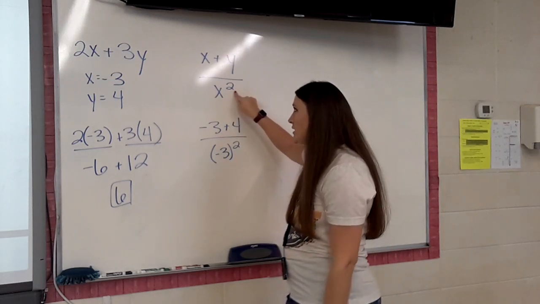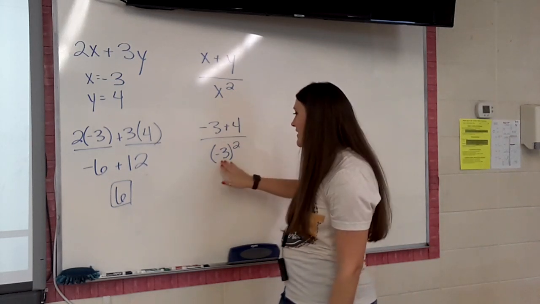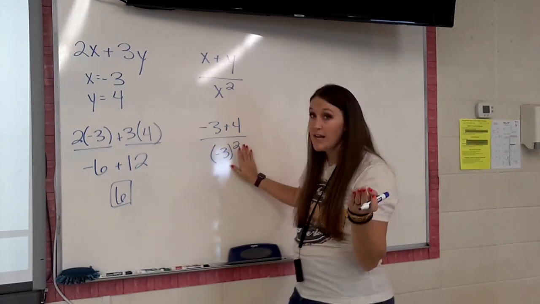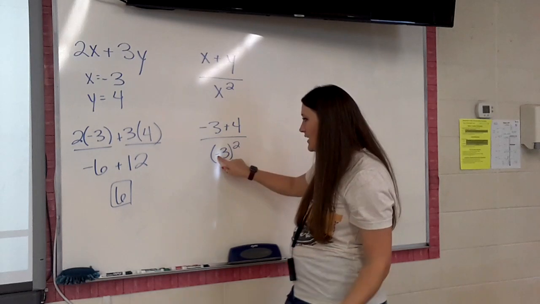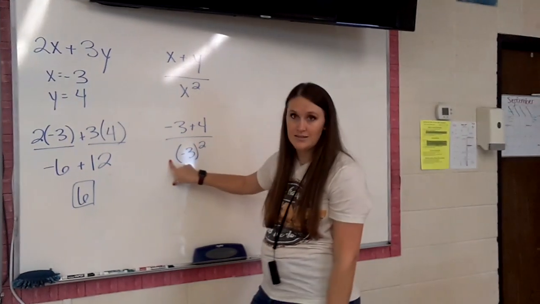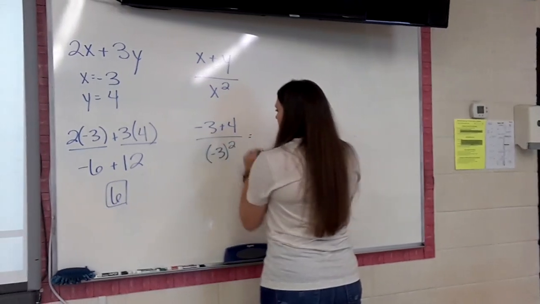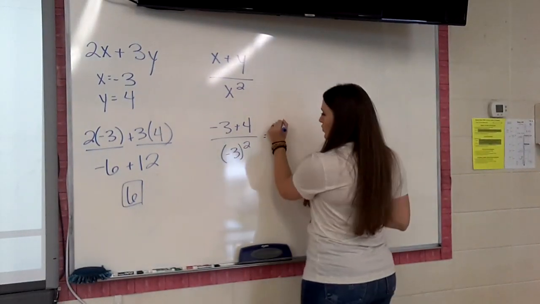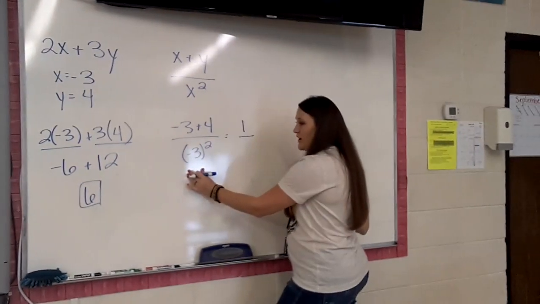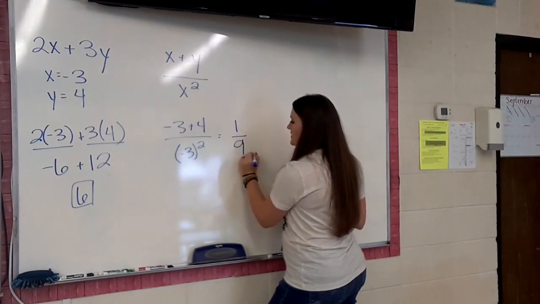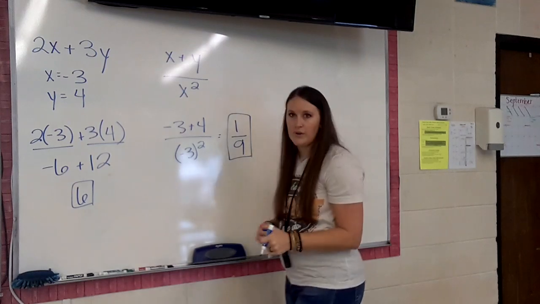This square up here is going to the x, so we have a negative 3 times itself. A negative times a negative we know is positive. If this negative had been outside the parentheses, that is different. Since it's in here, let's go ahead and solve this. Negative 3 plus 4 is 1. Negative 3 squared comes out to negative 3 times negative 3, which is positive 9. We get 1 over 9.